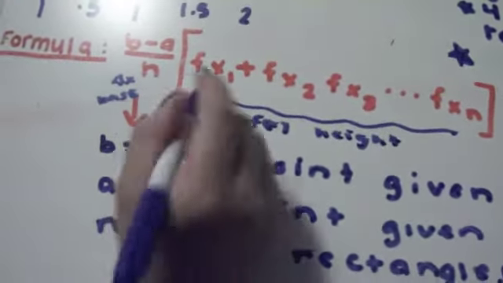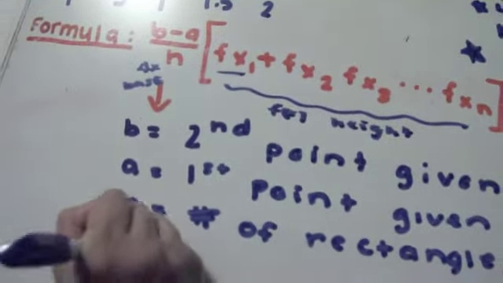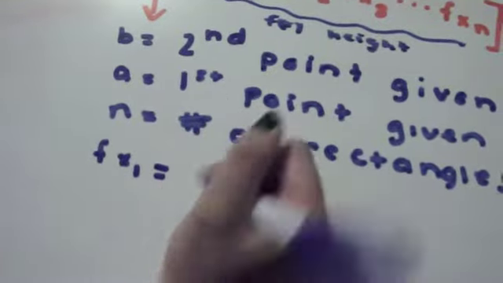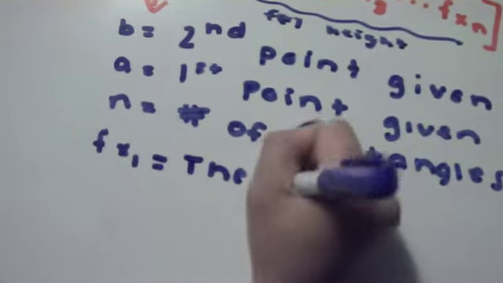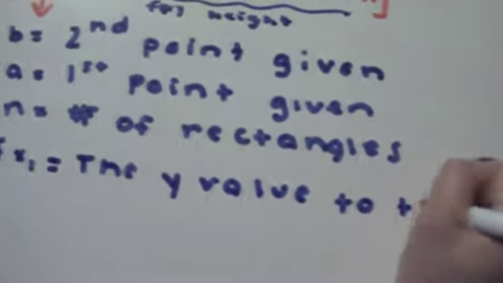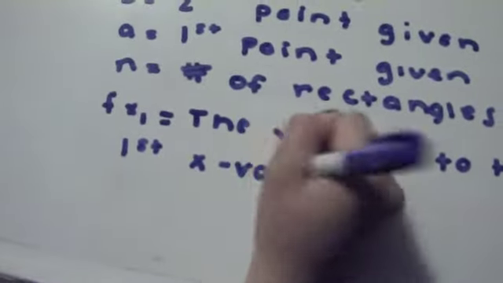So let's start off with this one. f of x subinterval 1 equals the y value to the first x value of your rectangles.